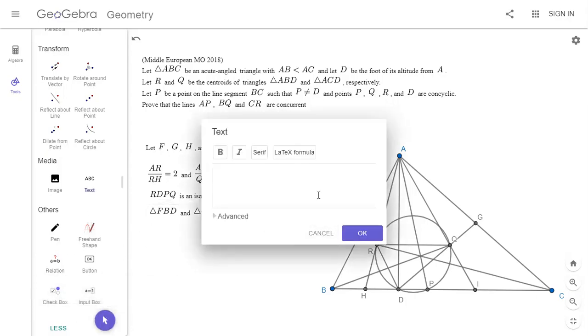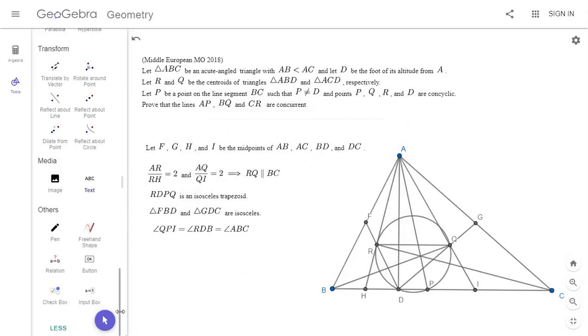So we have basically angle QPI is equal to angle RDB, which is equal to angle ABC.